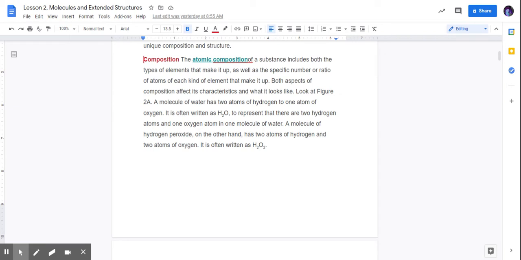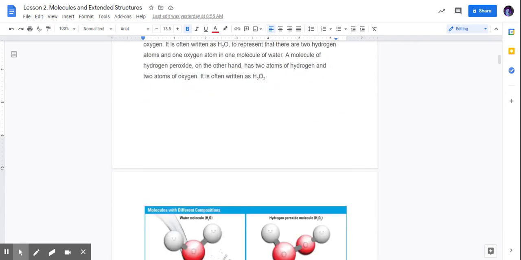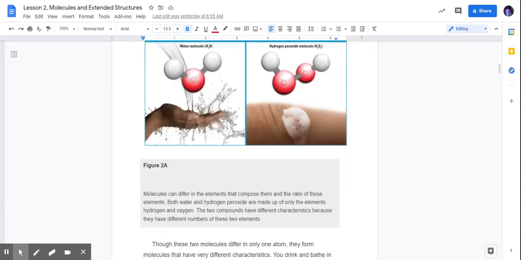A molecule of hydrogen peroxide, on the other hand, has 2 atoms of hydrogen and 2 atoms of oxygen. It is often written as H2O2. So scroll down, and here's our figure 2a they were talking about. This is water, and we have our hydrogen peroxide, and it's foaming because somebody put it onto a cut on their finger, it looks like.